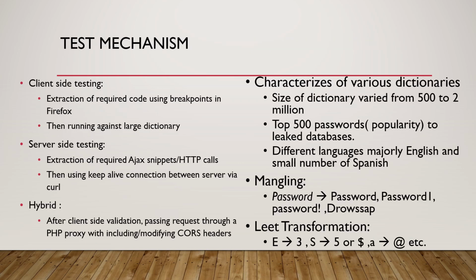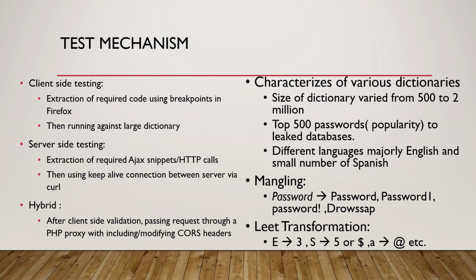Next we will talk in detail about the way the authors gathered their test results. As I mentioned in the previous slide, there are various sites like Dropbox, Drupal, Microsoft, and Twitter, and some of them use client-side password verification.